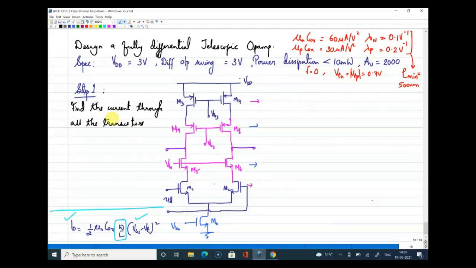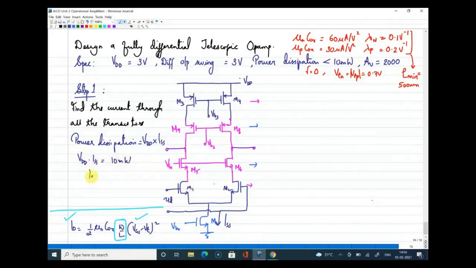Now, how will you find the current through all the transistors? As I mentioned, we may go for the power dissipation spec here. The power dissipation is equal to the supply voltage VDD into the total current in the circuit. You can think of the total current as the current flowing through this M0 device, which you can mark as ISS. VDD into ISS is the total power we can utilize, which should be less than 10 milliwatt.